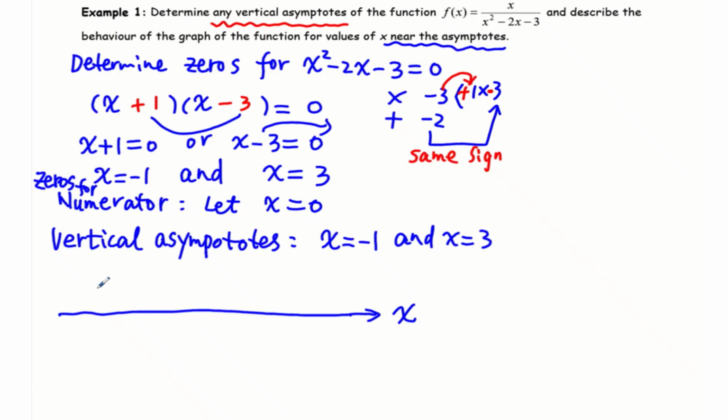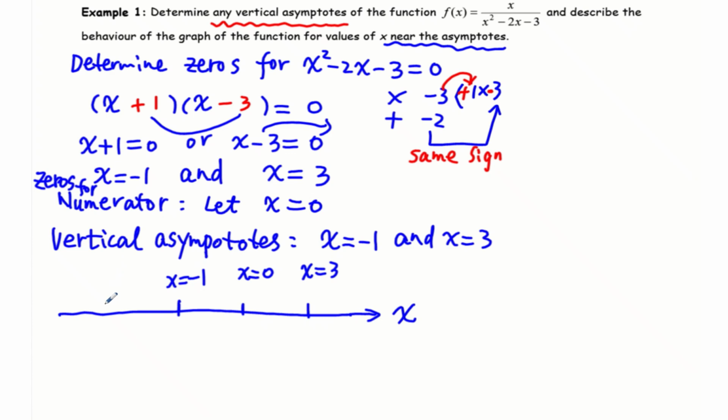So we need to include all the zeros. We have 3 zeros, and we divide the x-axis into 4 intervals. So -1, then x equals 0, then x equals 3.